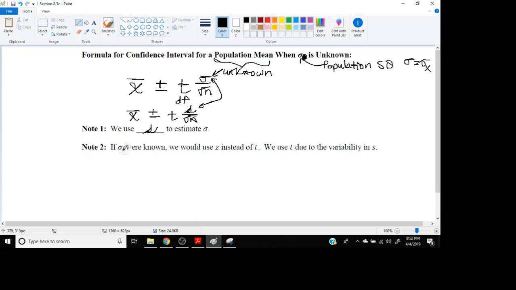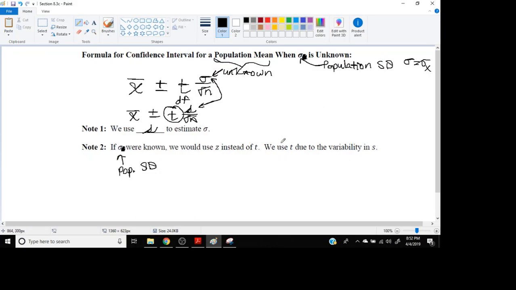If sigma were known, again, that can be sigma sub x. I mean, it really and truly can be thought of as sigma of x bar, because if I don't know sigma, then I don't know this whole thing here, right? And so I guess it's not really an error. But if sigma were known, we would use a z right here instead of a t, right? Most of the time, we don't know that because we don't have access to our population, okay?